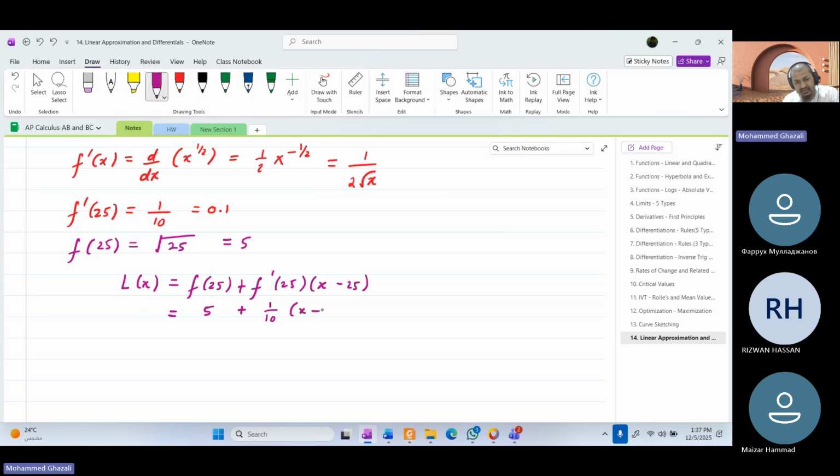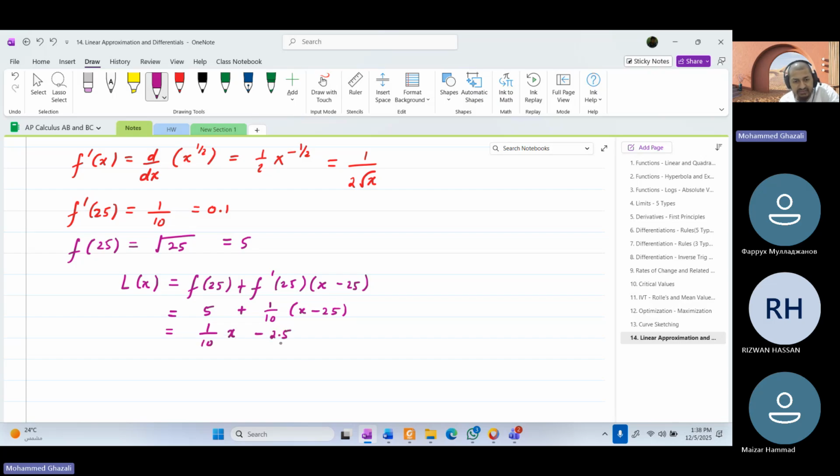Times x minus 25. If you open up this entire function, you just get 5. Remember, this is 1 over 10 times 25, so that's 2.5. So 5 minus 2.5. I'm already simplifying this. So 1 over 10 x minus 2.5.